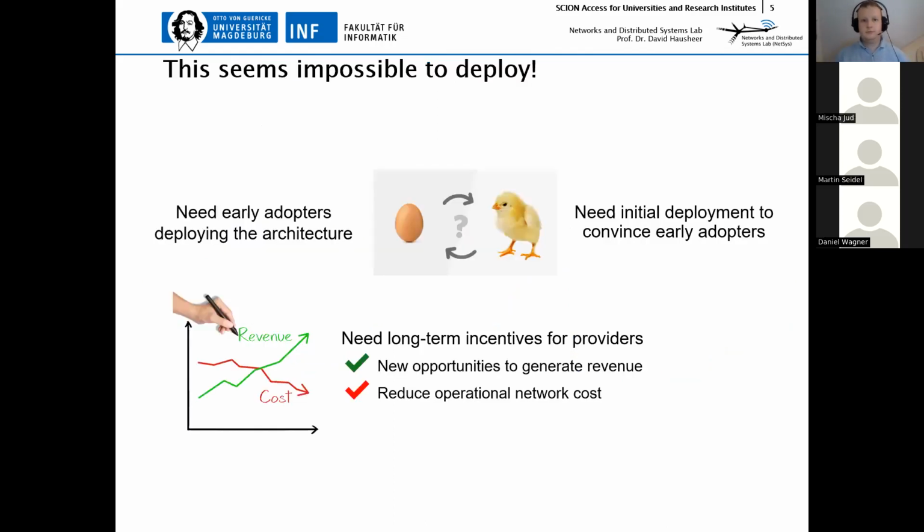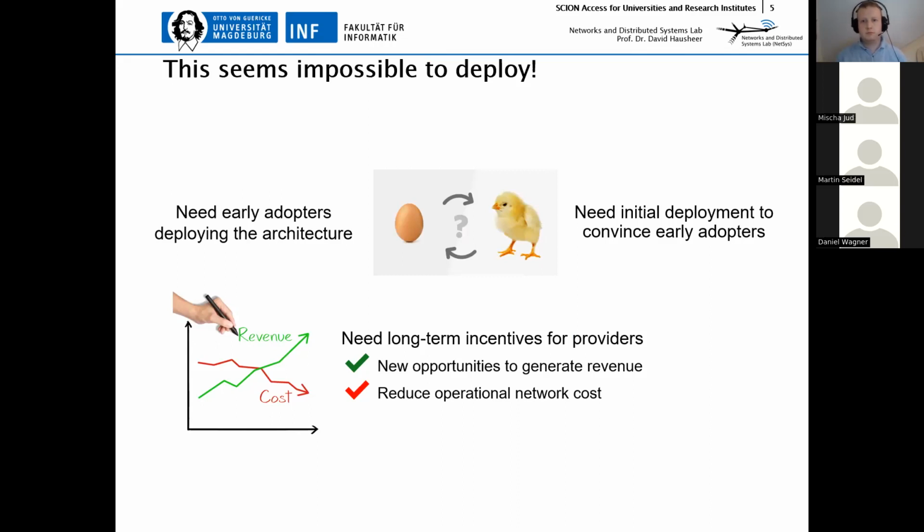Now, after this quick introduction into SCION, you may say, well, this seems really hard to deploy, right? There is kind of a chicken and egg problem here. On one hand, you need early adopters that are willing to deploy this architecture. And on the other hand, you need an initial deployment for early adopters to be convinced.